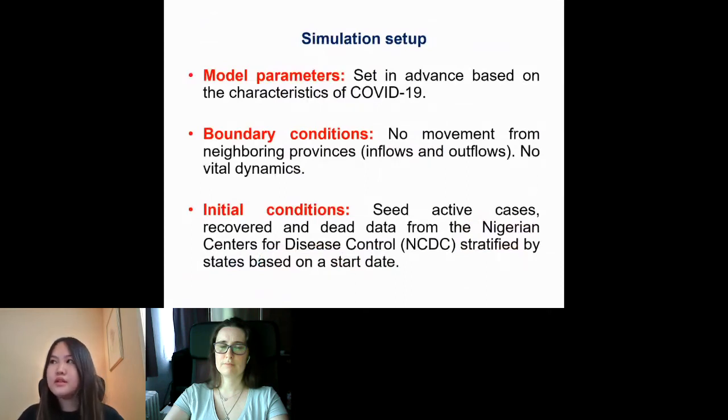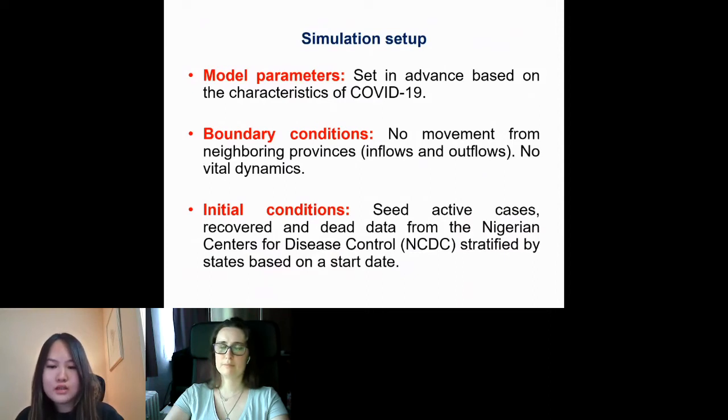So for individuals to set up the simulation, the dashboard that I have provided in the chat, we can set advanced options based on characteristics of COVID-19. There are boundary conditions that can be applied: no movement from neighboring provinces, no inflows and outflows, and no vital dynamics are included in this model.